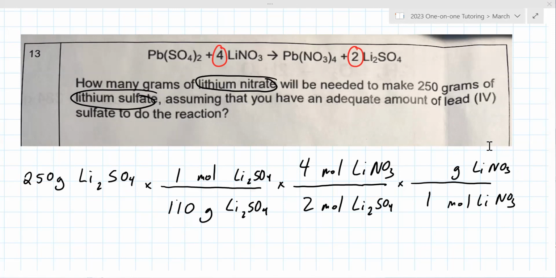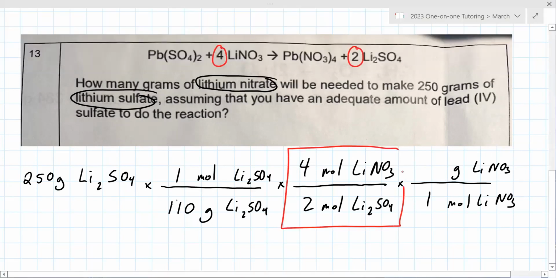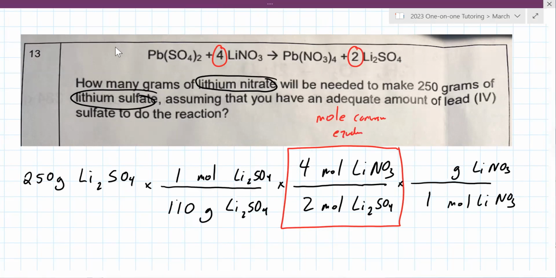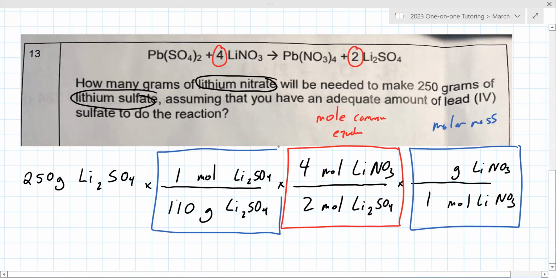So on the right here, in red, let me tell you what red is. Red is the mole conversion in the equation. The other ones here are the molar masses. So the molar masses always have 1 gram.